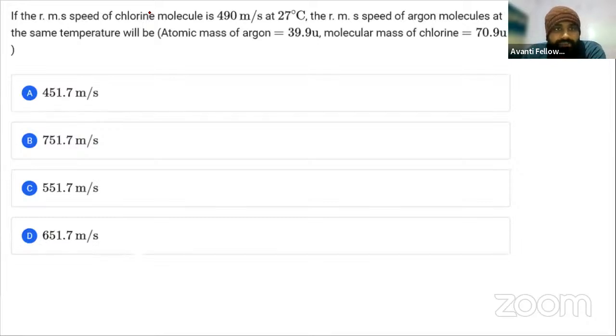If the RMS speed of a chlorine molecule is 490 meters per second at 27 degrees Celsius, the RMS speed of an argon molecule at the same temperature will be what? You have to answer it. The atomic mass of argon is given to you and the molecular mass of chlorine is given to you. Okay.